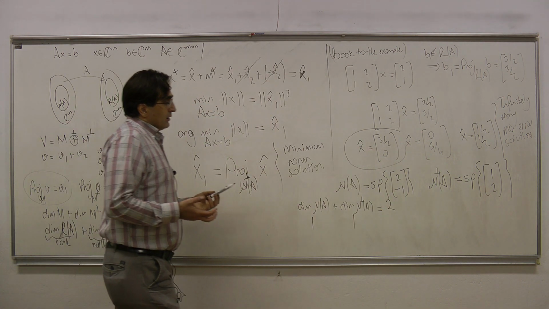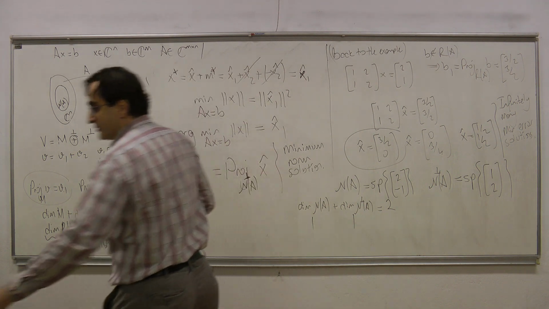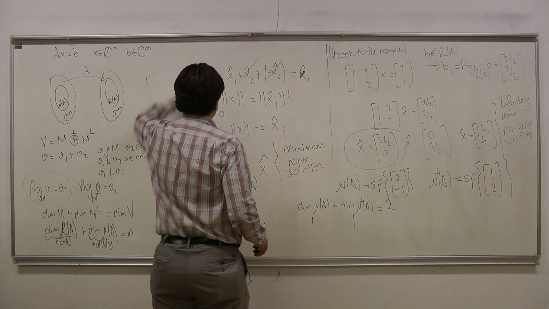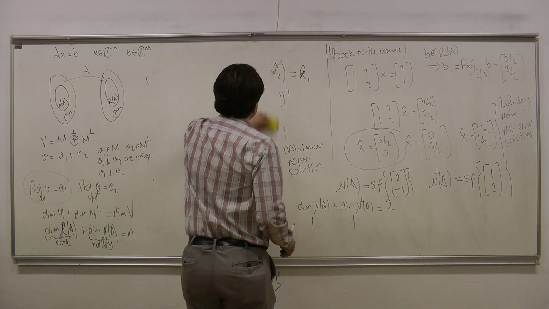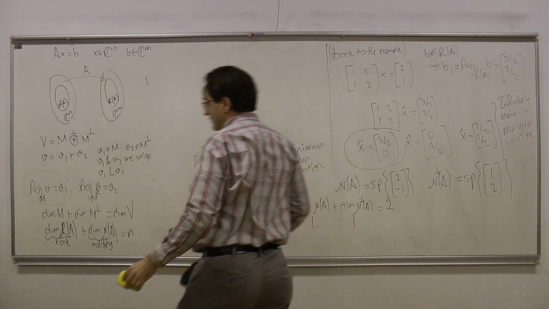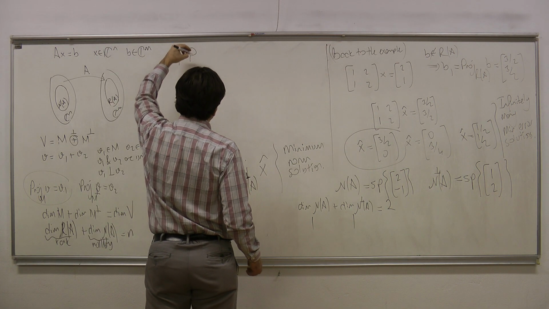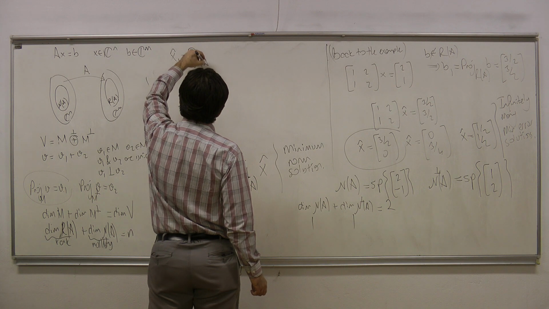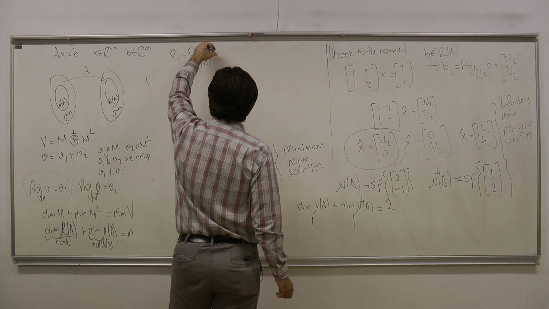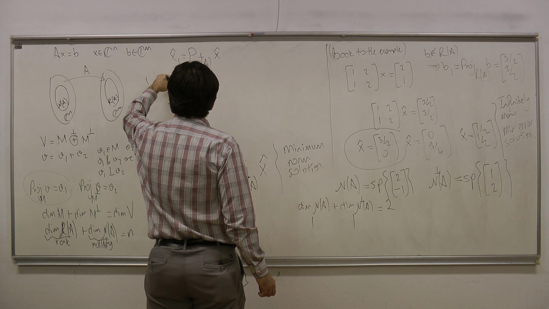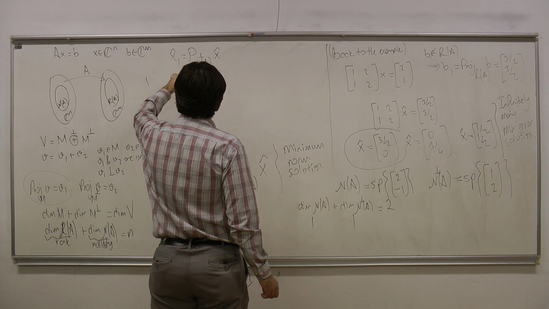So let me try to do it here. So x1 hat is going to be the projection matrix onto null space of A orthogonal complement times an arbitrary solution. So now let us look at the projection matrix onto null space of A orthogonal complement.